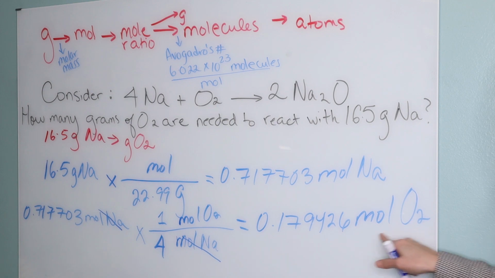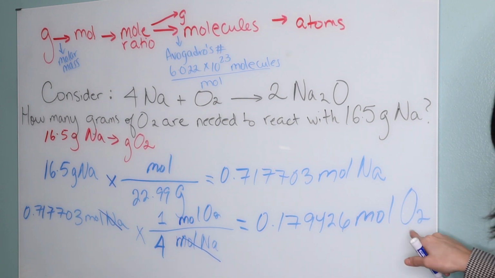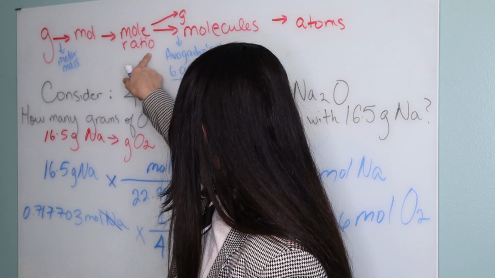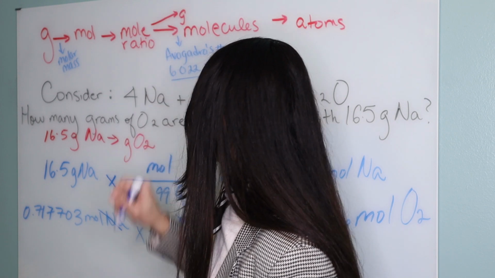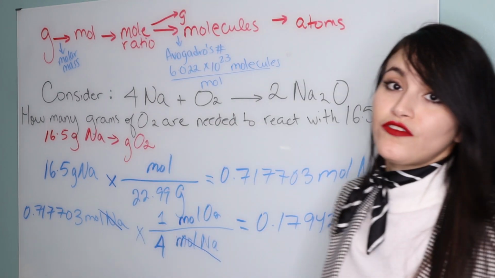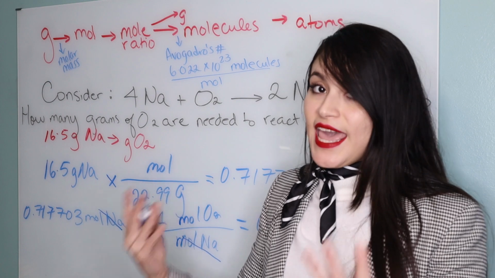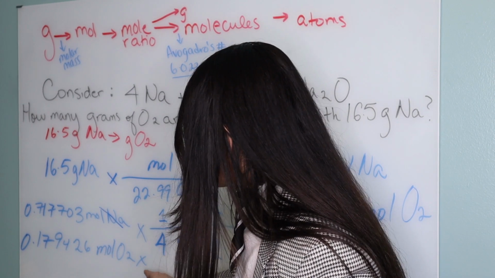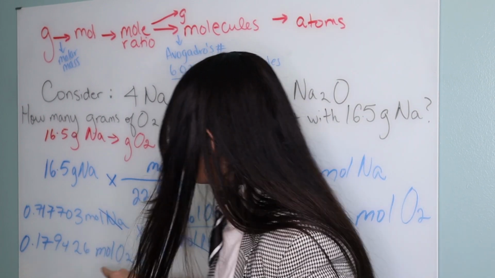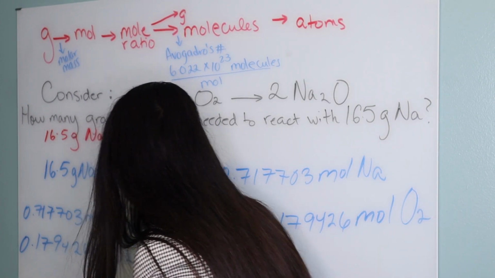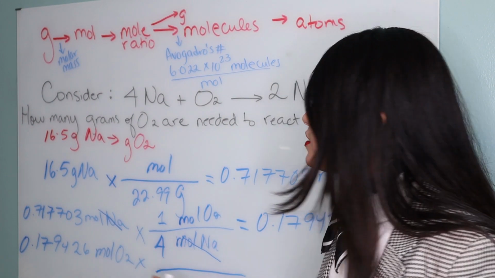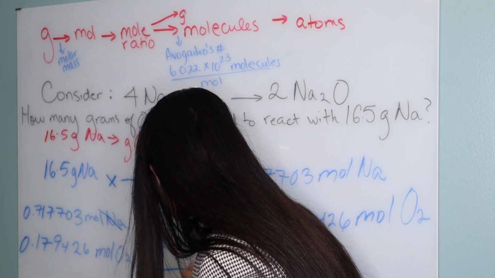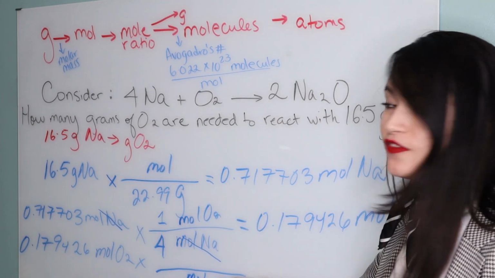Now I'm going to take this number right here, the moles of dioxygen, and I'm going to go to grams. So in order to go from moles to grams, again, I'm going to be using the molar mass to get rid of the moles. So it's going to be going at the bottom of the fraction.